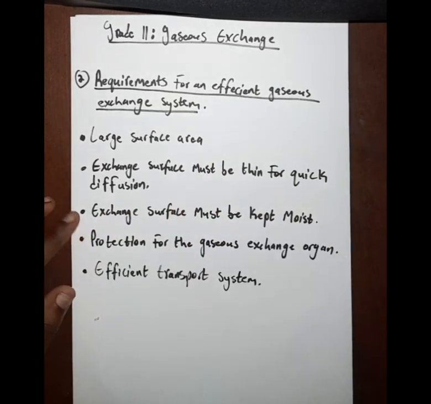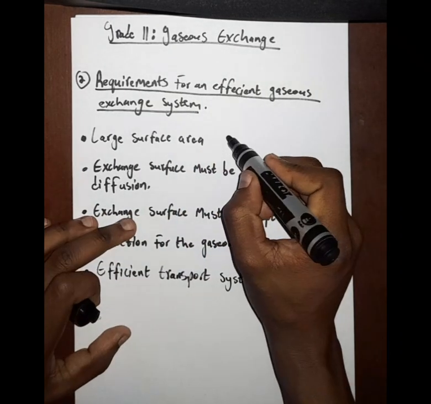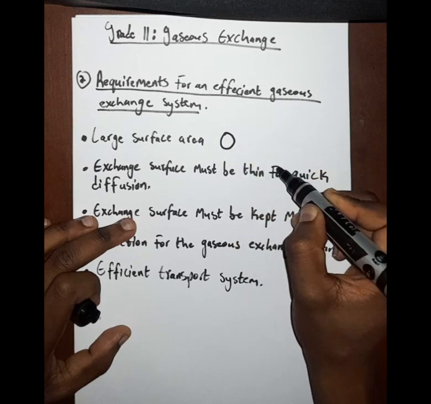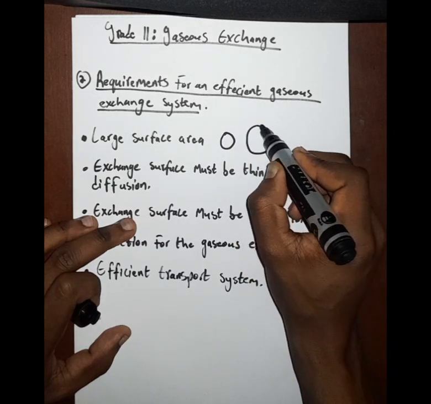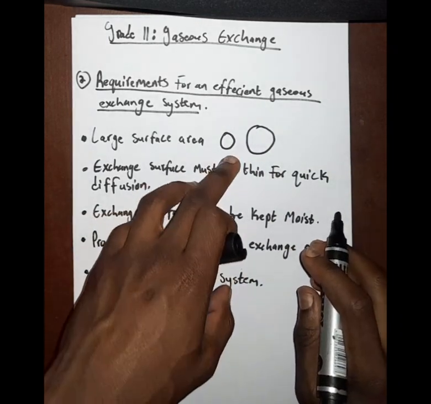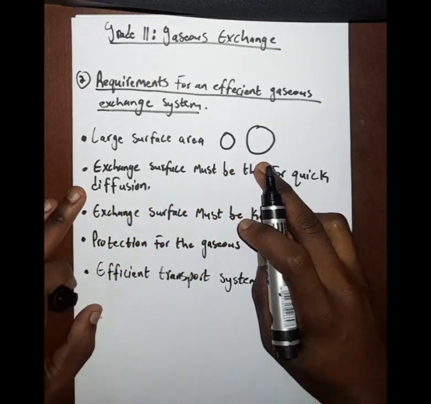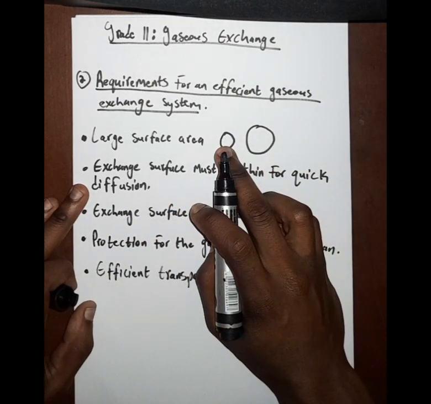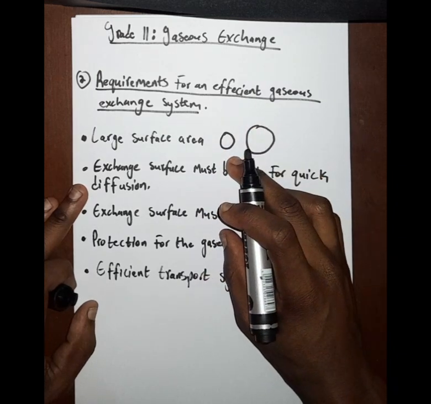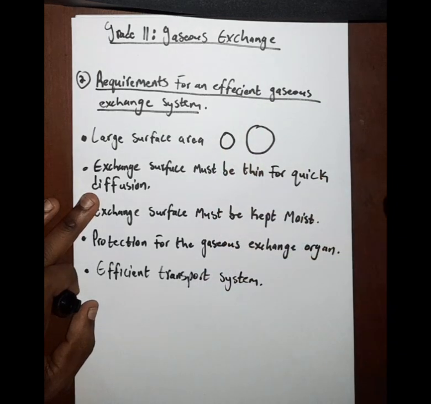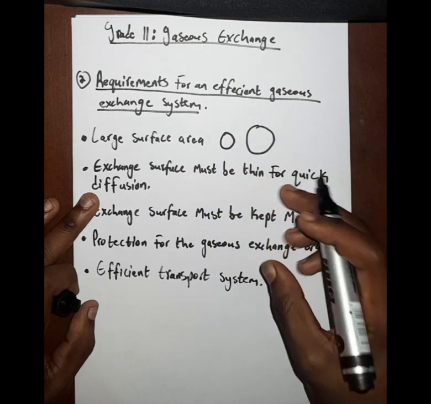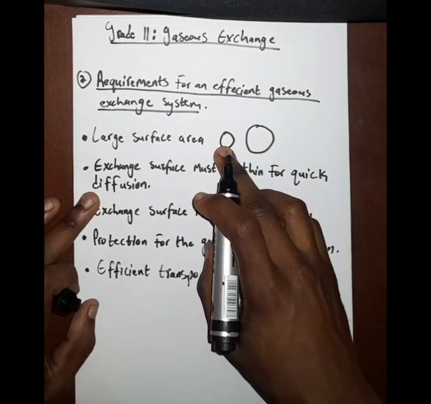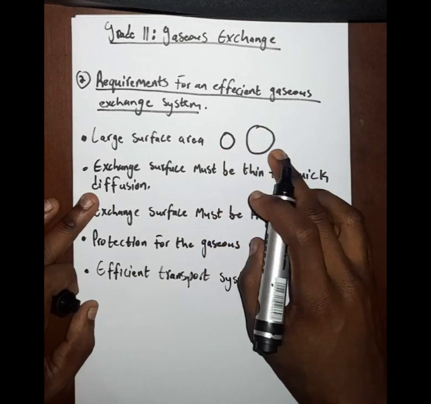When we talk about the large surface area, let's say for example we had this circle and this bigger circle, and let's say inside these circles it is where gaseous exchange occurs. Now in this smaller circle, because the circle is very small, there's only going to be a limited amount of air that is going to get inside this circle compared to this one.